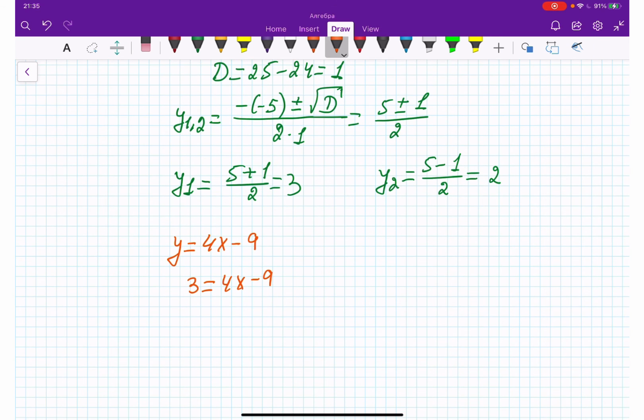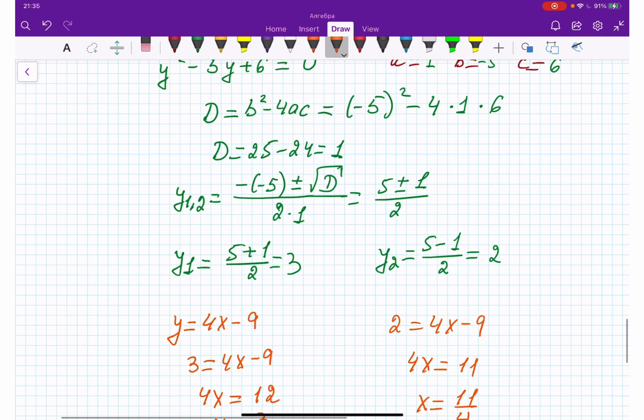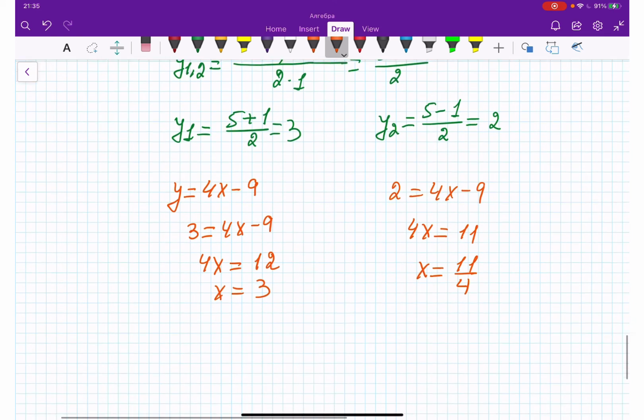So from here, 4x is equal to 12 and x is equal to 3, right? And here, what do we have? 2 is equal to 4x minus 9. 4x is equal to 11 and x is equal to 11 over 4. So there we go. This is our answer.